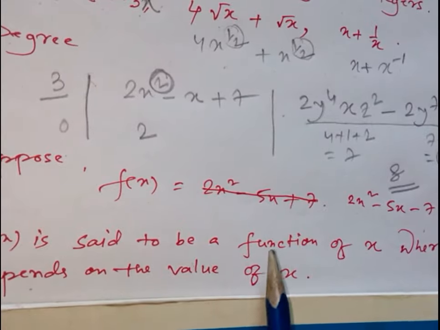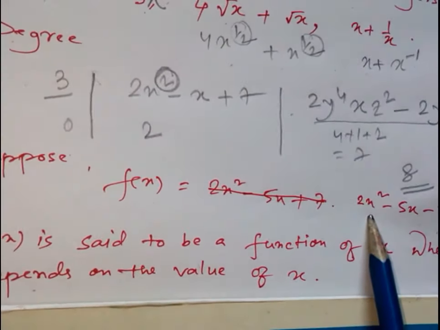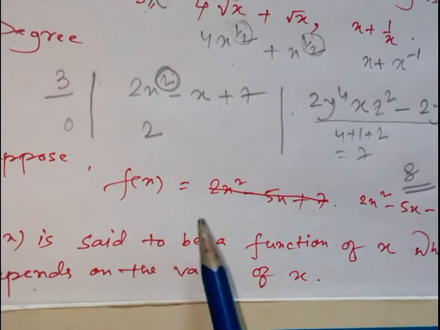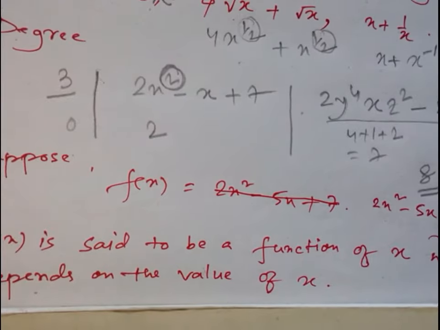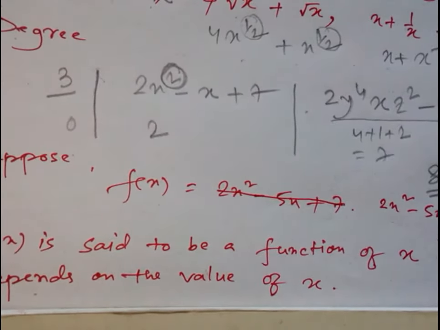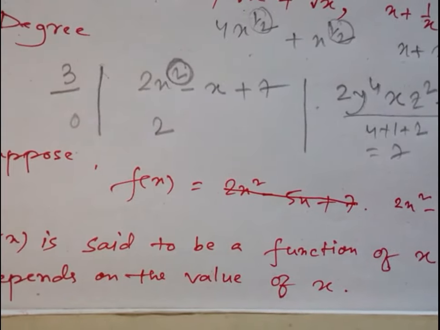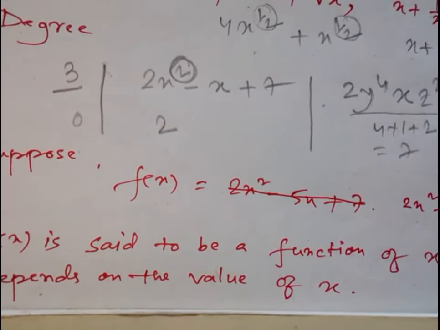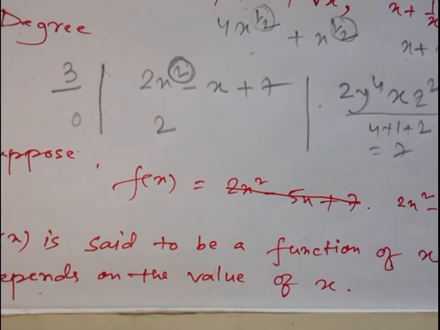It is a function. f of x is said to be a function of x where f of x depends on the value of x. If you take a value of x is equal to 2, then it will give a result, then another value will give another result. So the function depends on the value of x, isn't it?